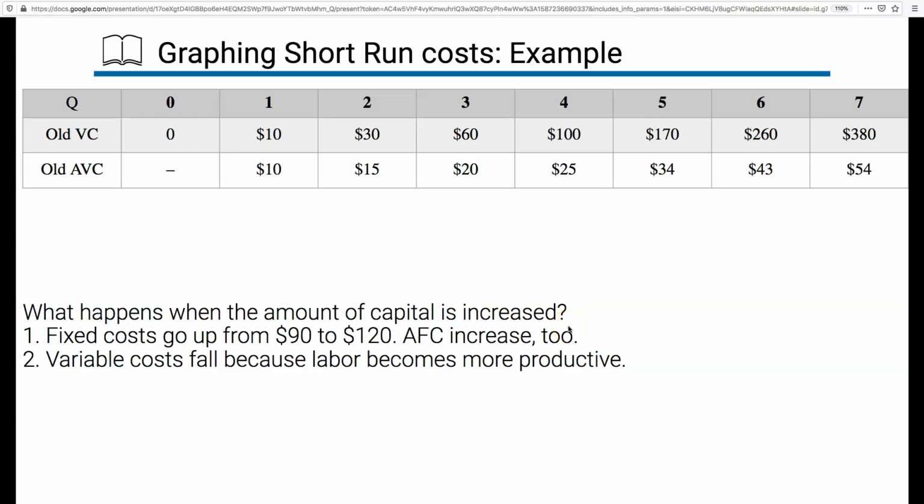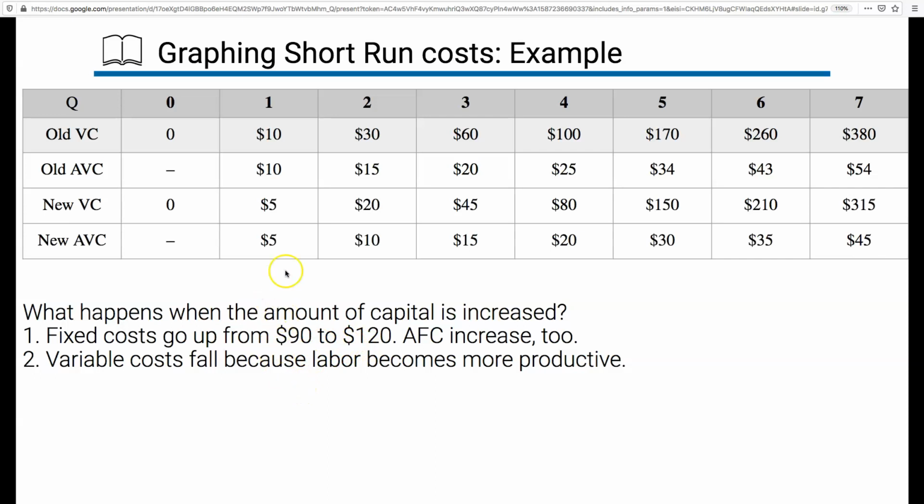Because otherwise, what's the point of hiring more capital? What's the point of renting more capital? So labor becomes more productive. That means that variable costs decrease. And so, for example, here, we started with variable cost of 10 and then got to 30 and 60. And now they've fallen at every level of output so that the new average variable costs fall as well.